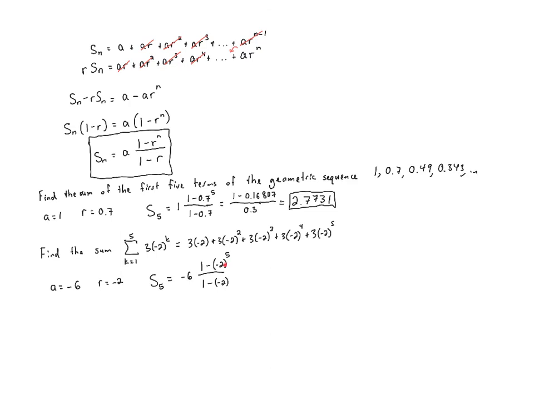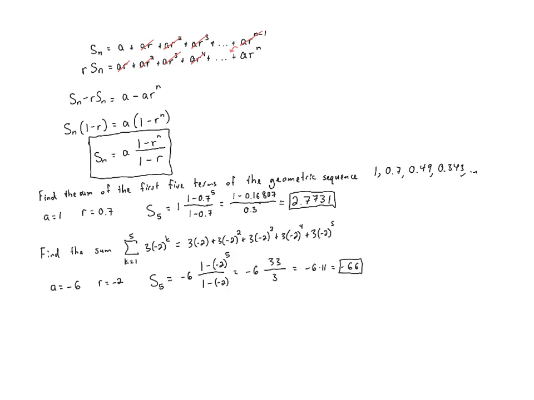Now, negative 2 to the 5th power is negative 32, and 1 minus negative 32 is the same as 1 plus 32, which is 33. And then in the denominator, 1 minus negative 2 is the same as 1 plus 2, which is 3. 33 divided by 3 is 11, so we've got negative 6 times 11, which is negative 66.